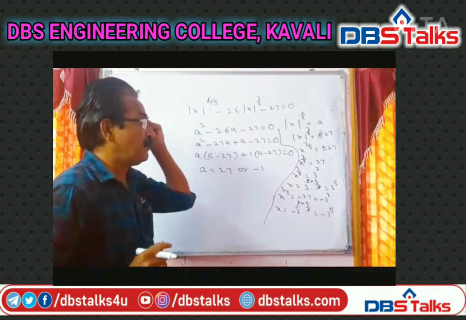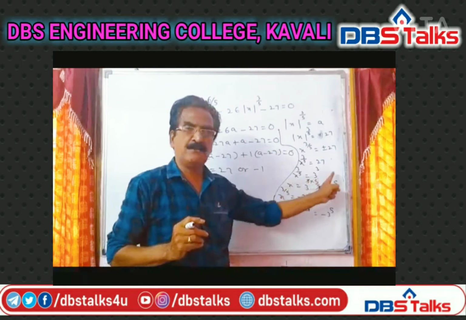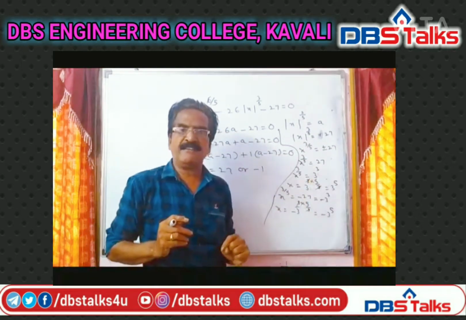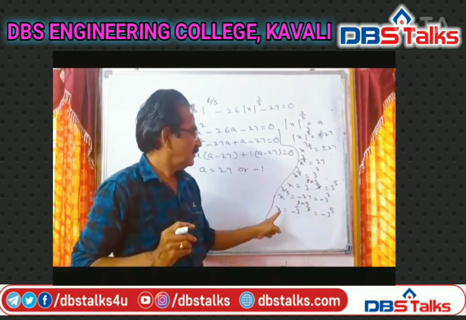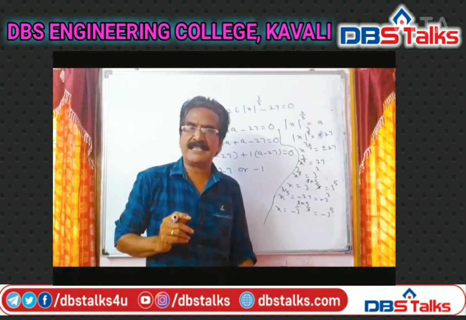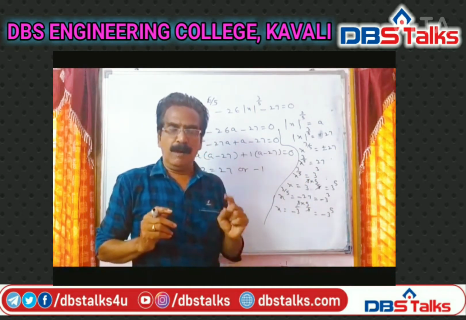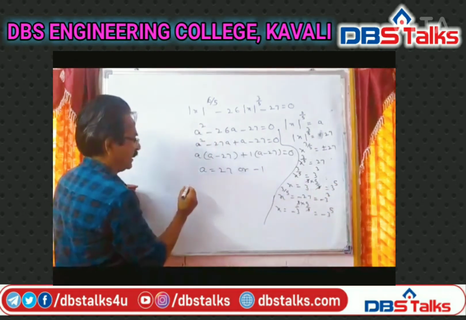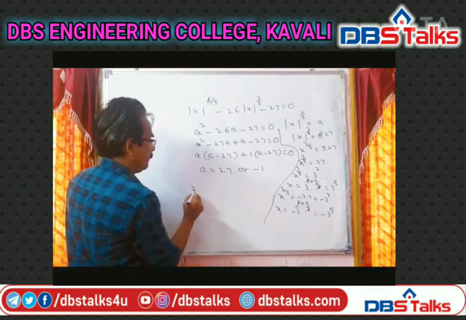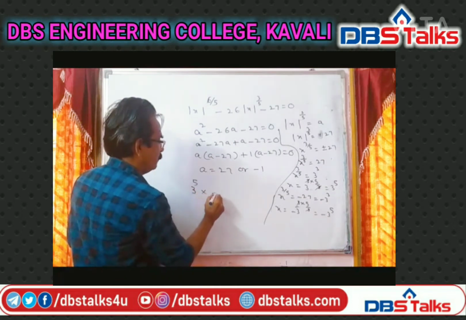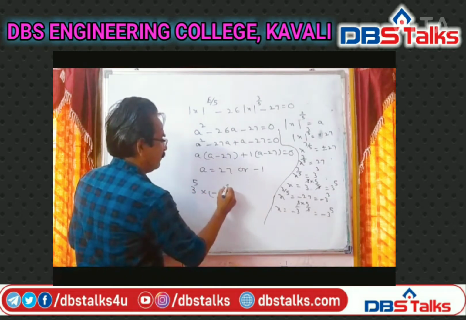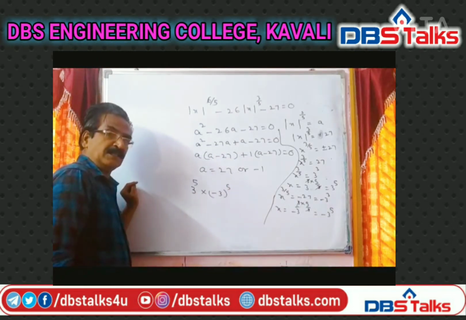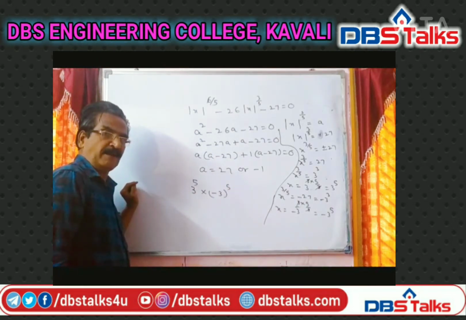So we have two x values, friends. One is x equal to 3^5, and x equal to minus 3^5 is another root. So the product of these two roots is 3^5 into minus 3^5.